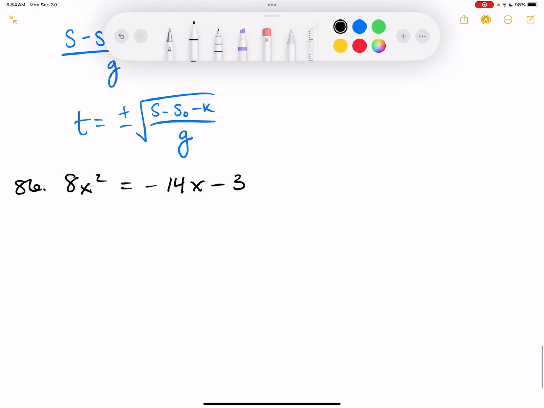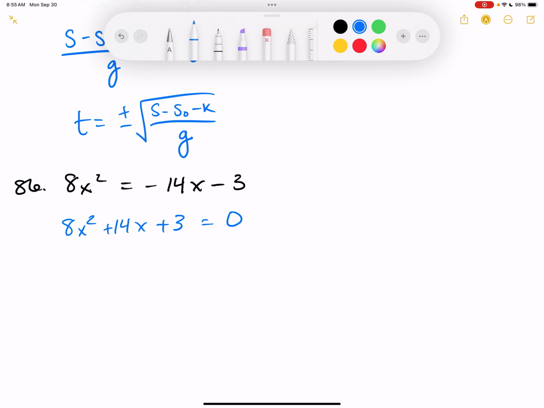So if it's not already all on one side, we need to first and foremost move everything over. So I'm going to have 8x squared plus 14x plus 3 equals 0. And I could move it the other way, but I try to get rid of the negatives if possible.